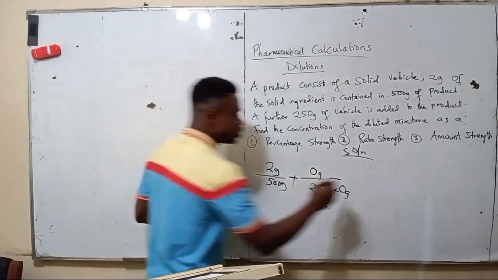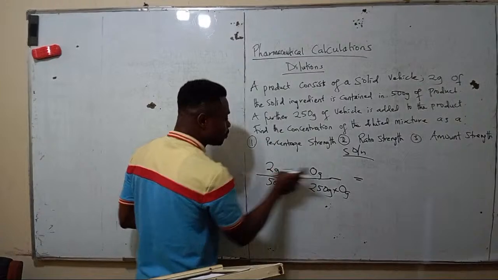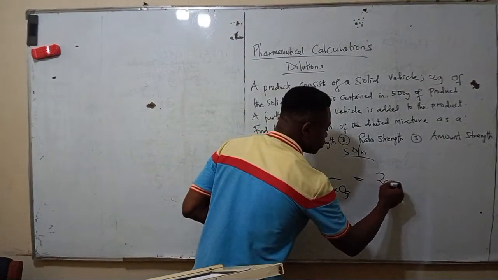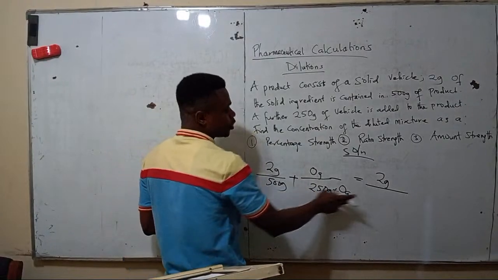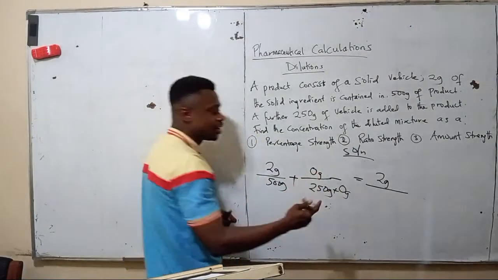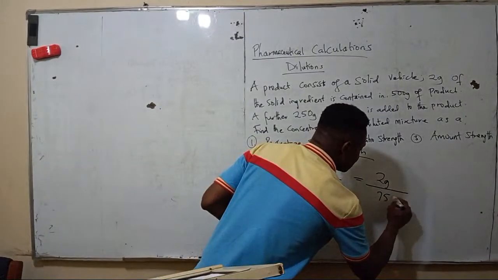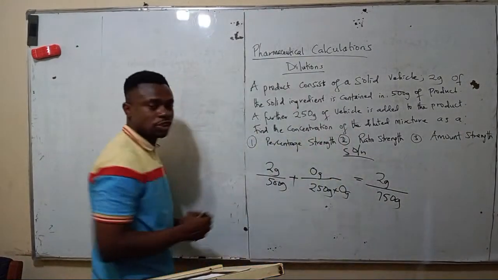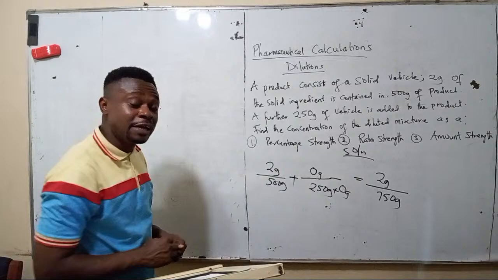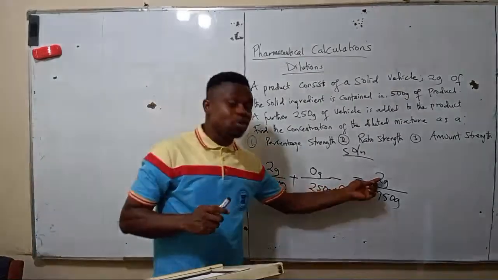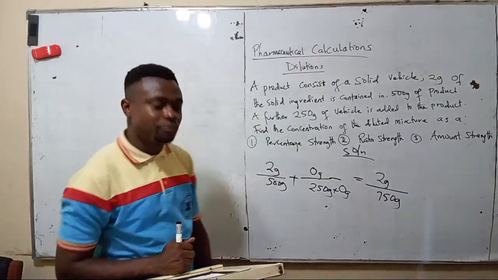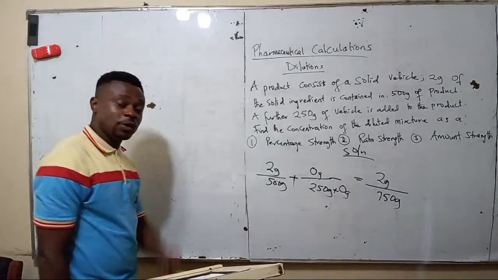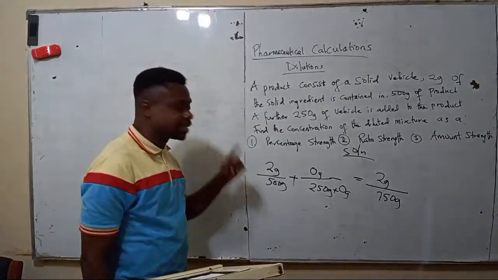So 2 grams plus 0 grams is 2 grams, in 500 grams plus 250 grams, which is 750 grams. So the diluted product now has 2 grams of the active ingredient in 750 grams of the product. Now it says we should find the percentage strength.